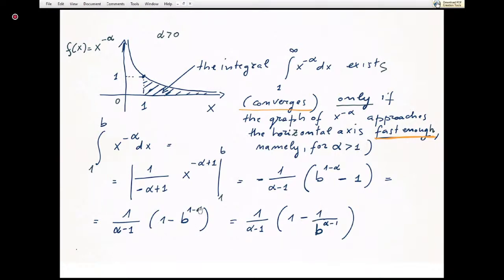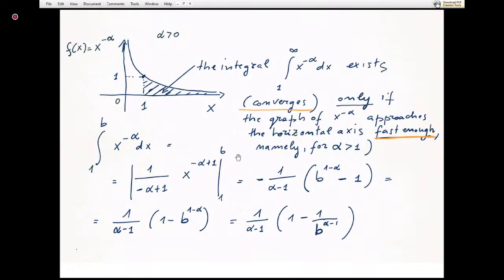Applying the definition shows that the only case in which you have an area that converges to a finite number is when alpha is larger than 1. When alpha is smaller than 1, for instance 1/2, we would have 1 over the square root of x. The qualitative graph is similar to this one, but the area doesn't converge.